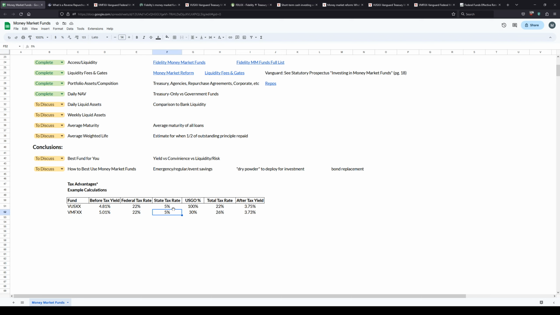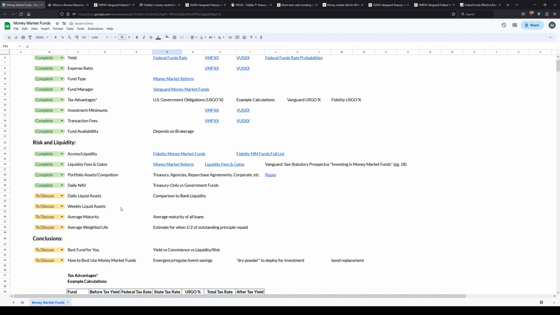And even if you don't have a state income tax, you can decide for yourself whether or not the benefit of having a fully liquid money market fund compensates you for the slightly lower after-tax yield that you would have gotten if you just invested in the federal money market fund. That's up for you to decide, but the state tax rate does change the after-tax yield as we discussed earlier. So something to consider depending on where you're located in the US.